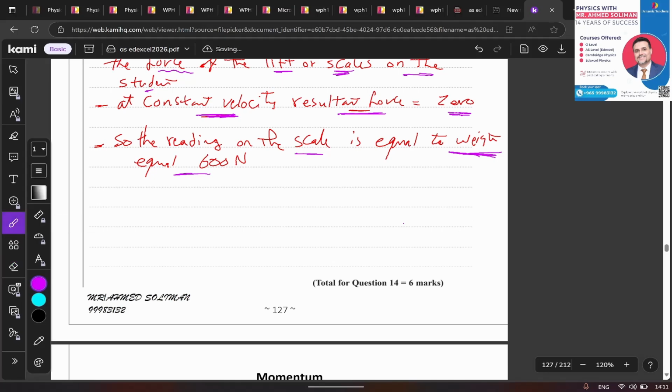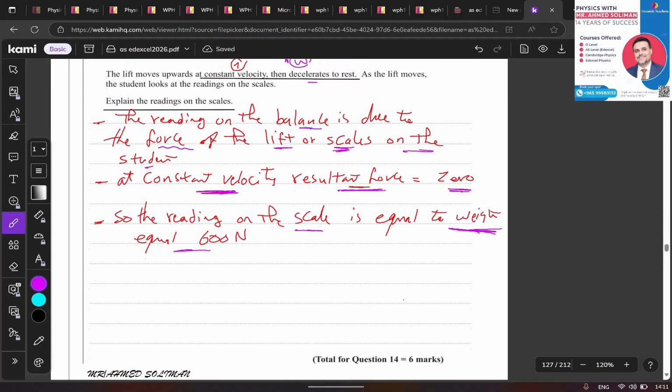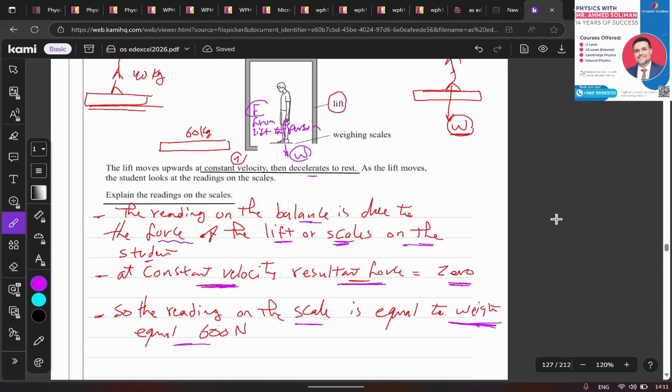Okay, now let's continue. What about decelerating? To decelerate, which force must be greater, weight or the force from the scale to the person? To decelerate, the resultant force direction must be what? Downwards. Right.